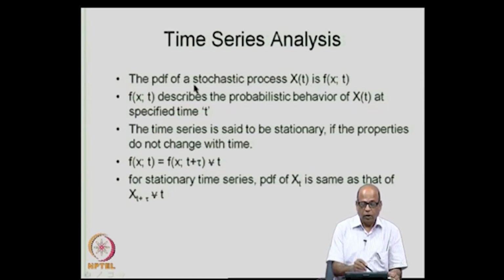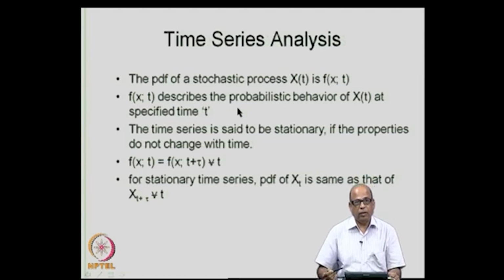Therefore, the PDF is now denoted as f of x comma t. Now, f of x comma t describes the probabilistic behavior of x t at the specified time t.